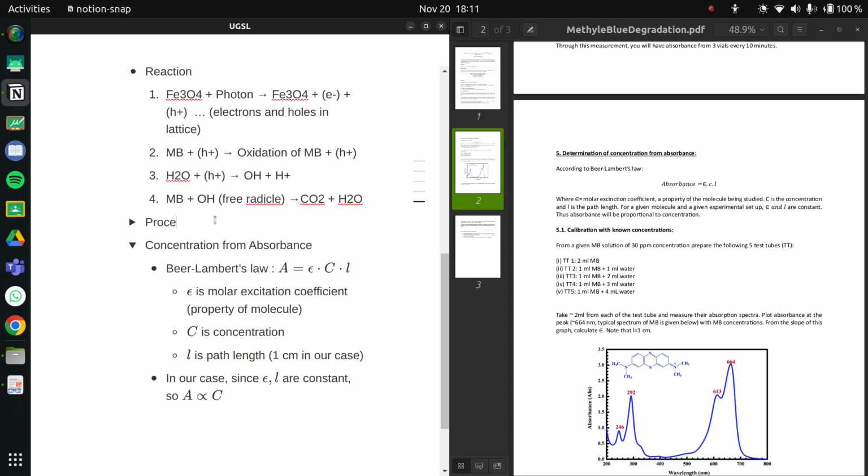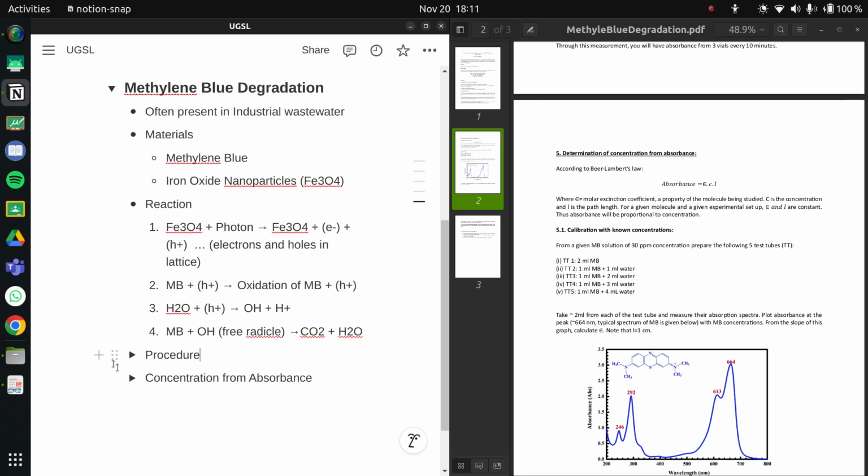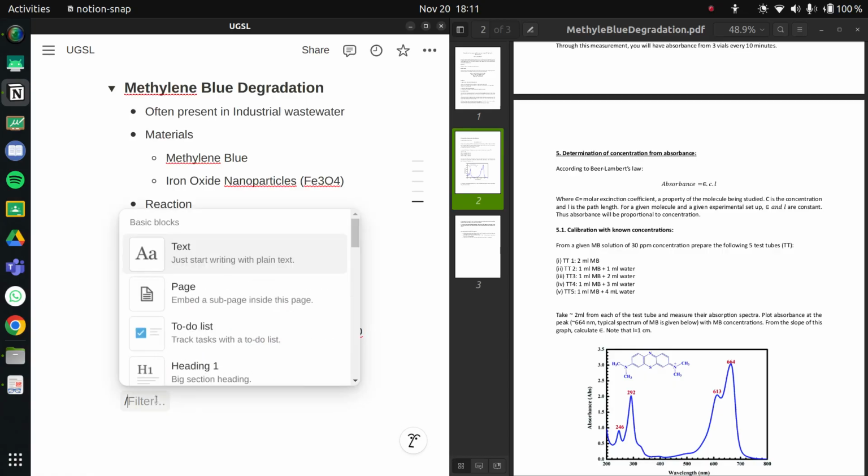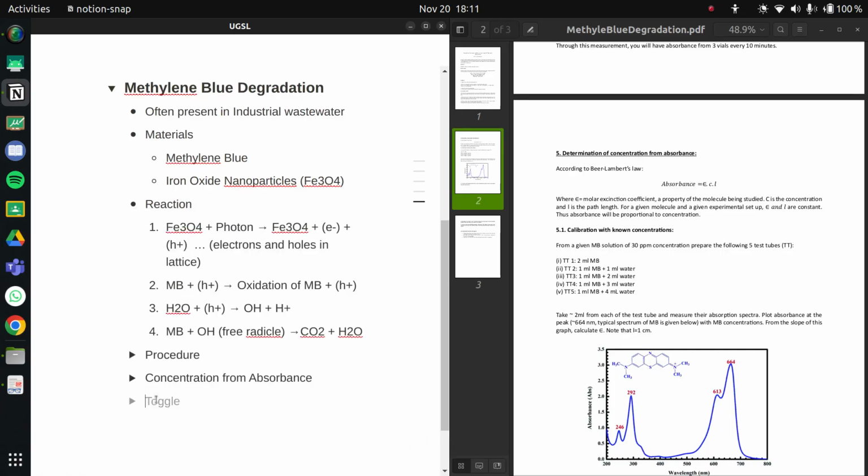Okay, so wait a second. Yeah, first you have to do the calibration and then you have to do the procedure. Calibration before procedure.